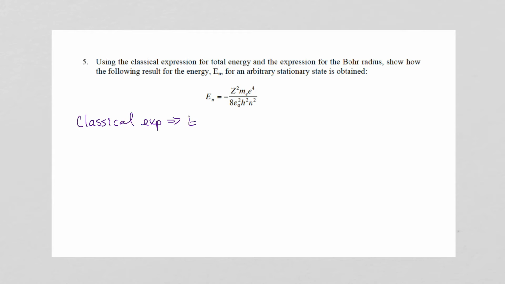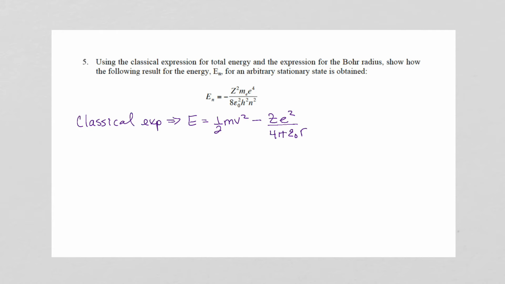So we know that our total energy is the sum of our kinetic energy, 1/2 mv squared, and our coulombic potential energy that we've seen before, minus Ze squared over 4 pi epsilon naught r.